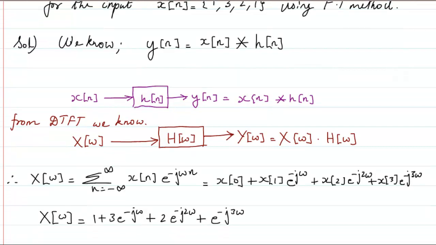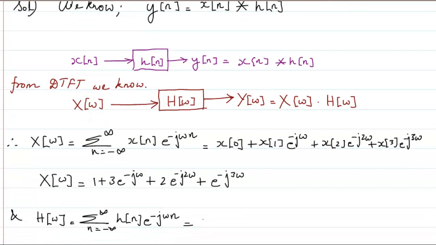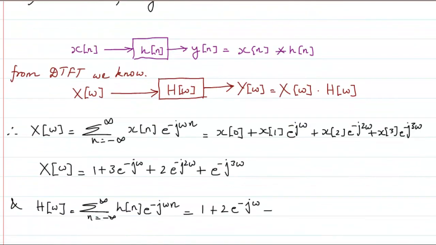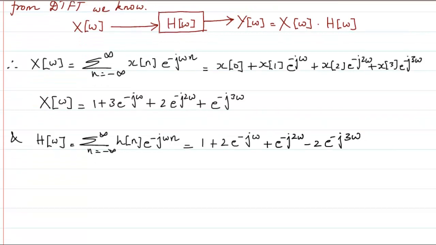So the first is 1, then 2 e raised to power minus j omega, plus 1 e raised to power minus j twice omega, minus 2 e raised to power minus j 3 omega. Therefore what we will do is find Y of omega, which is equal to X of omega into H of omega.